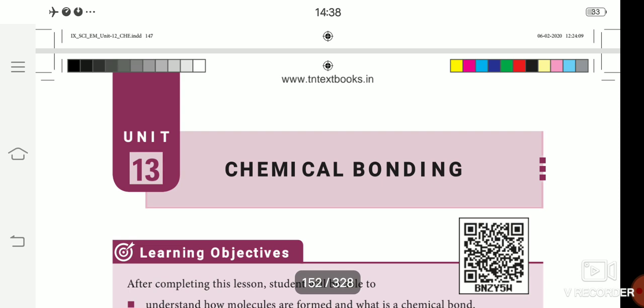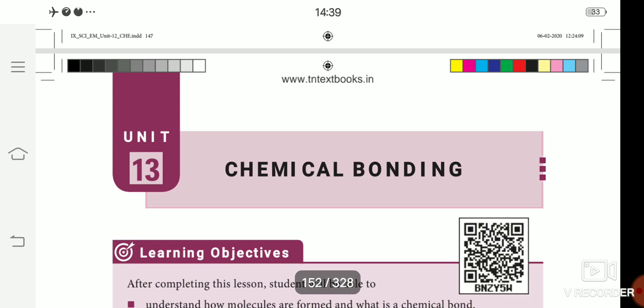Ionic compounds have high density and are quite hard because of the strong electrostatic force of attraction between the ions. Ions are the positively and negatively charged particles. They are also highly brittle. Then the reactions.